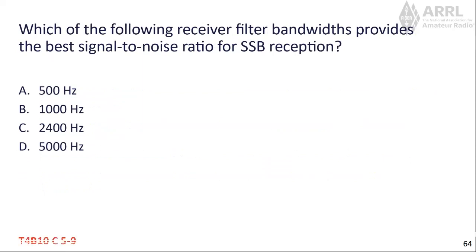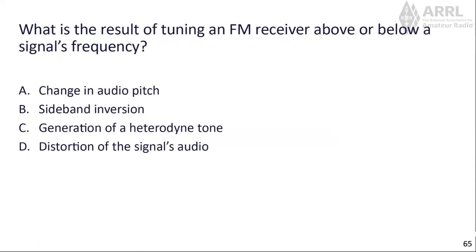Which of the following receiver filter bandwidths provides the best signal to noise ratio for SSB reception? And that is 2400 hertz. What is the result of tuning an FM receiver above or below a signal's frequency?